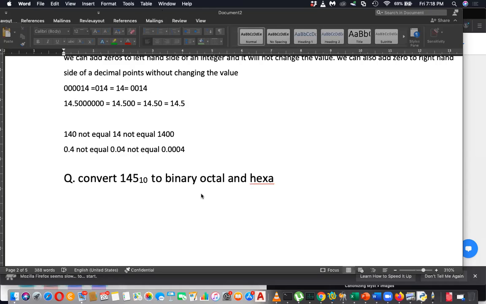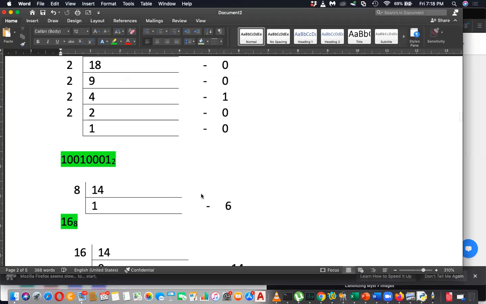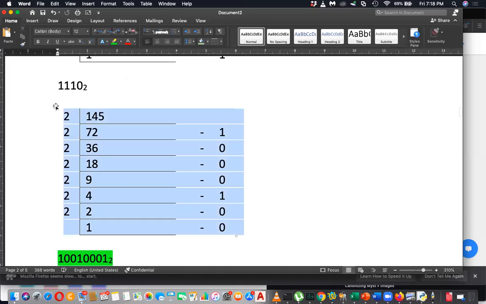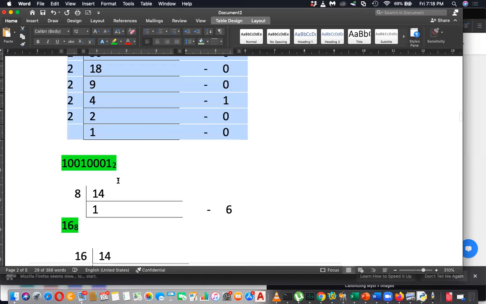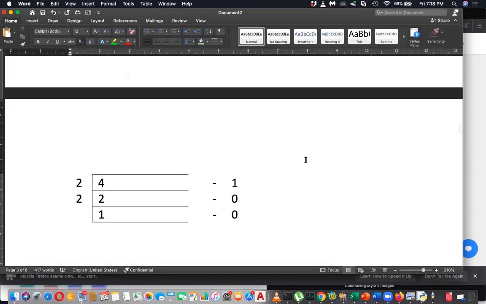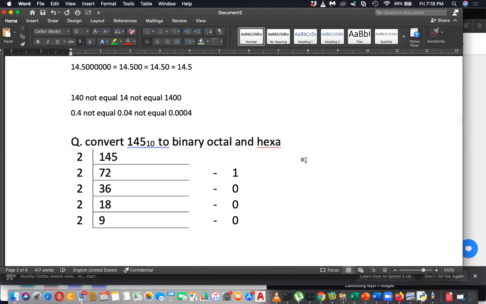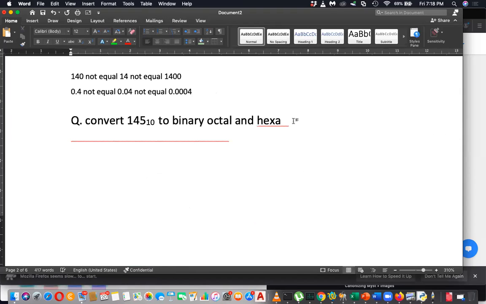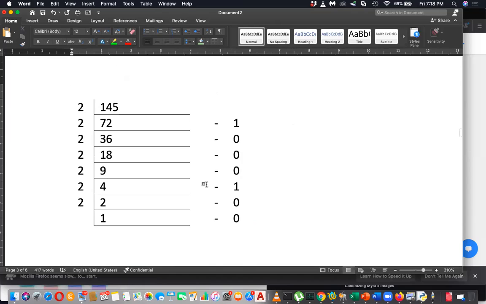Okay, let's do. This is how you convert to binary. Basically, if you get this answer, it's correct. So what is the answer?